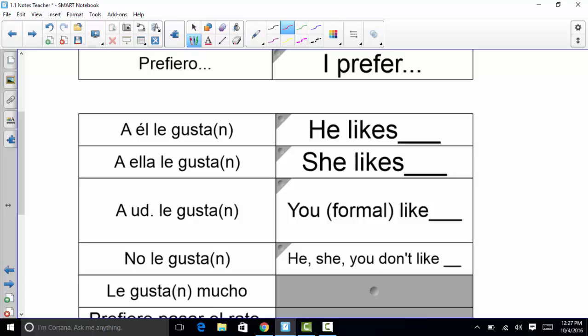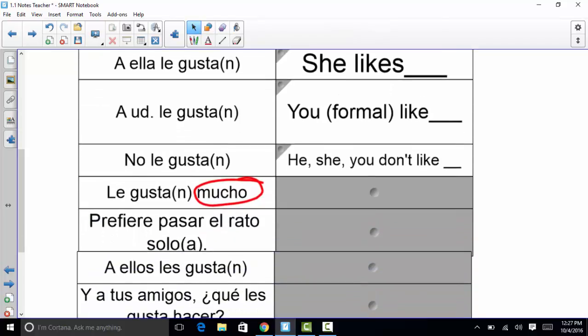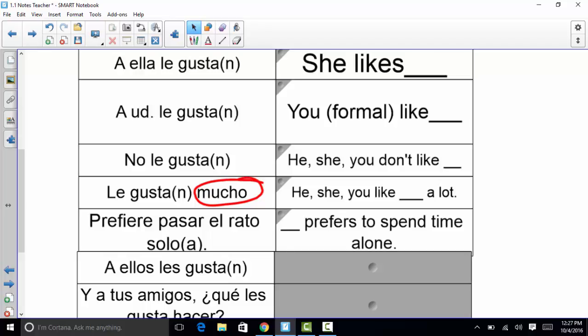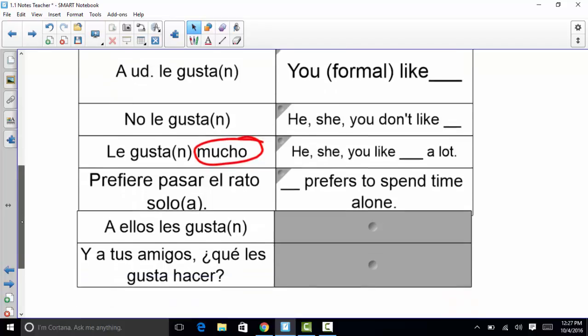And then down here you see the word mucho added. So mucho means to like a lot. So now it says he, she, or you like something a lot. Prefiere pasar el rato solo is how to say that someone prefers to spend time alone.